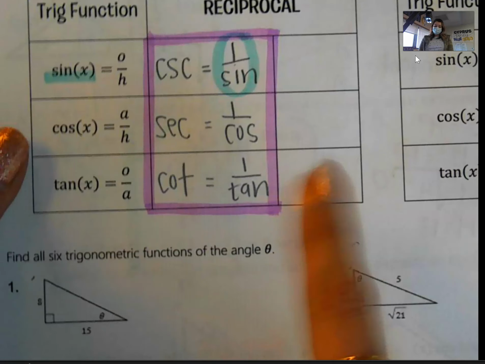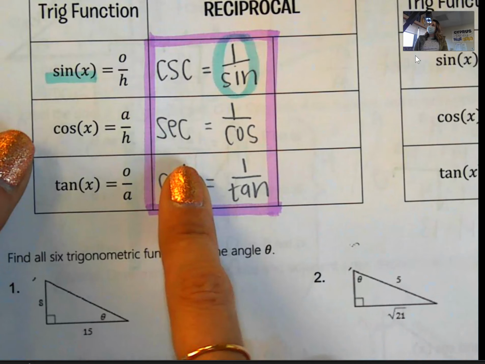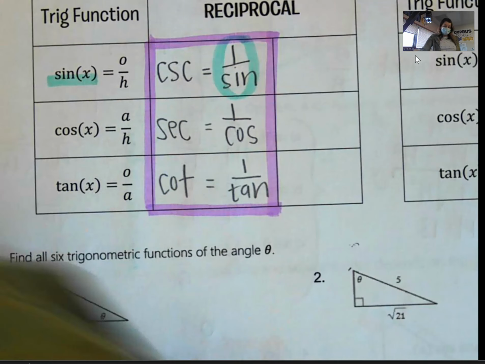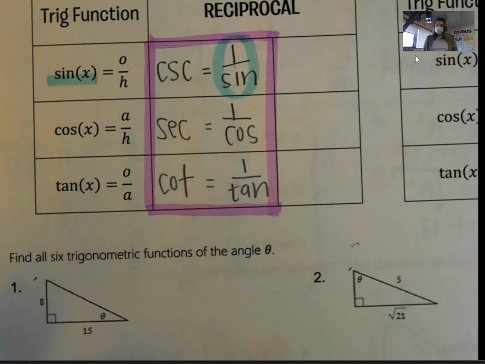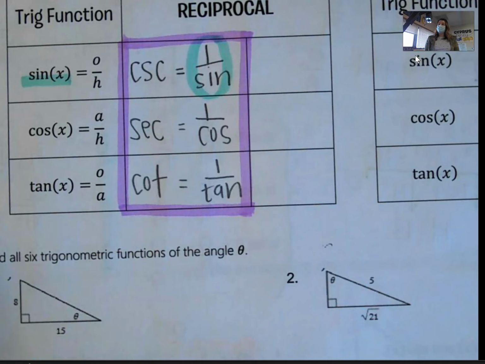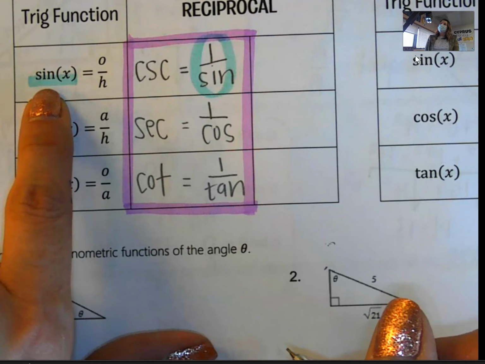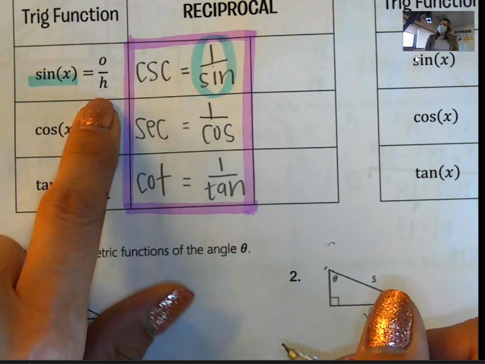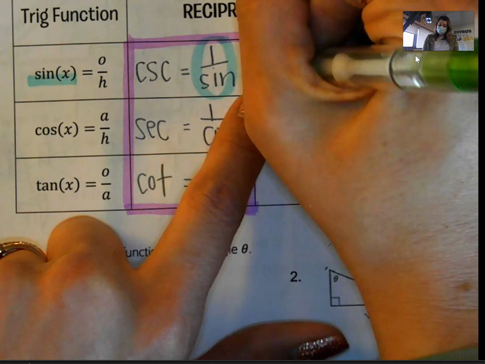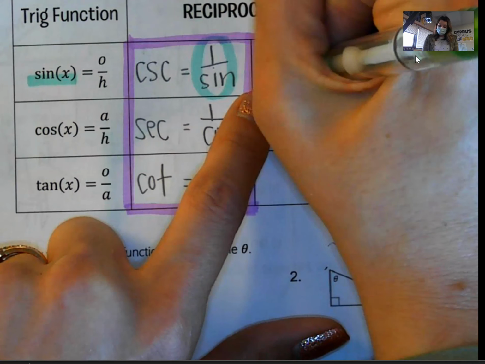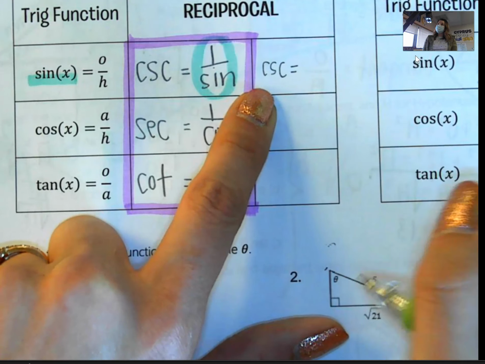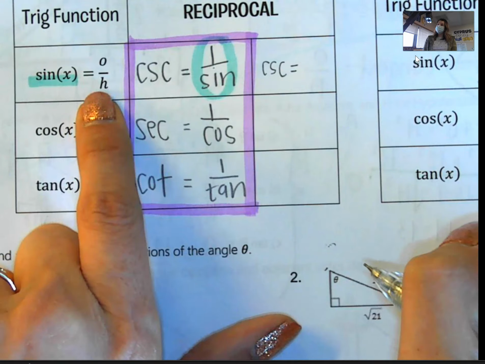So how does this now relate to these new functions? Well, this is easy. Once we write this down, these problems become really easy. So if I get the sine, it's O over H, that means that the cosecant is the reciprocal, so all you have to do is flip it.